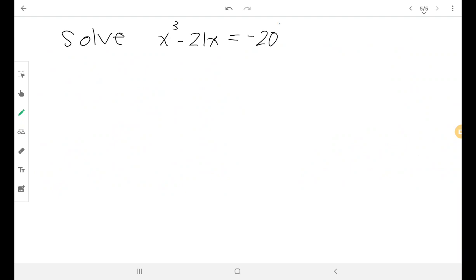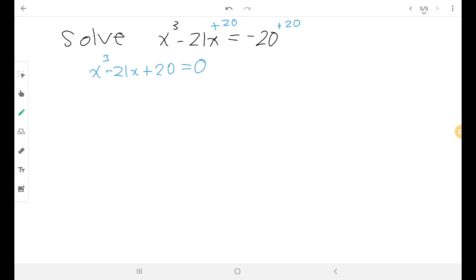We're going to set it so that it's equal to 0 first by adding 20 to both sides. And what we're going to have is x cubed minus 21x plus 20 equals 0.